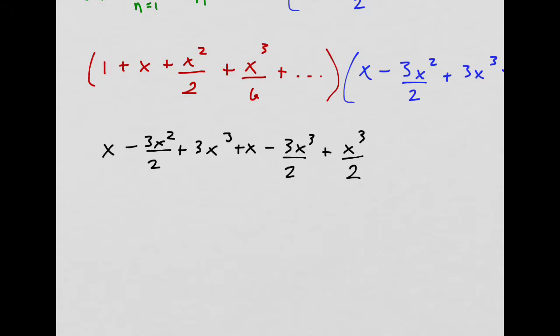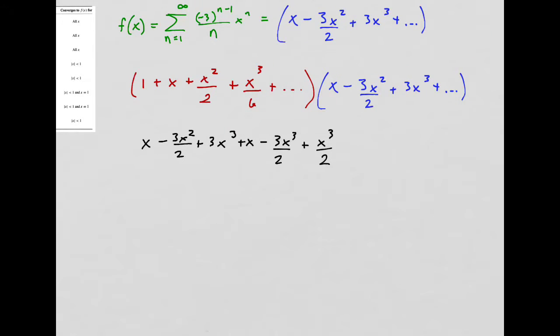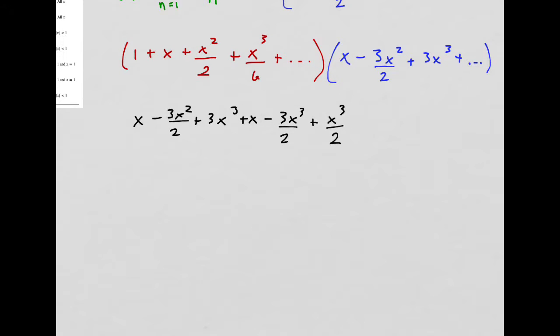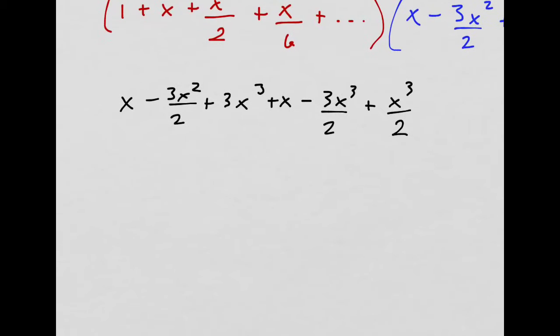Hopefully you understand why I didn't continue and multiply all that stuff out. Because it would give me degrees that are bigger than 3. And I'm only asked for so much. So, perhaps I have here 2, so 2x. And then I have minus the 3x squared over 2.